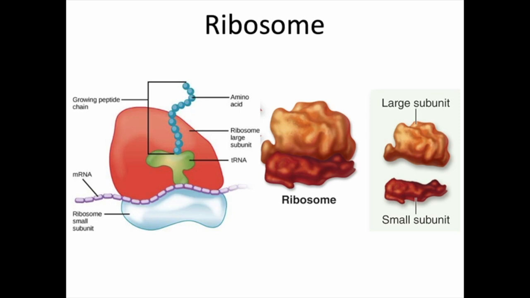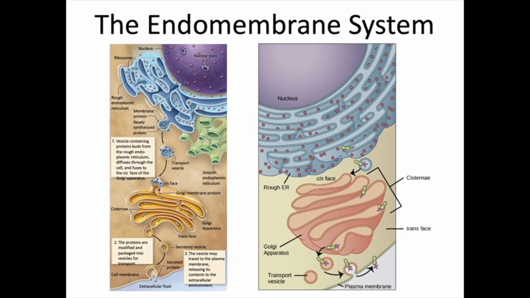They need to have tags added or pieces removed and rearranged, or have carbohydrates attached to the amino acids or lipids attached to the amino acids. So it may seem unnecessary. The ribosome can build the protein. What do you need this for? Well, this is going to modify those proteins and ship them to where they need to go.